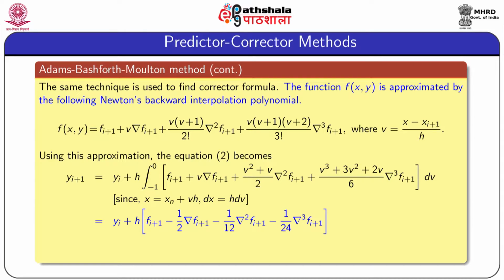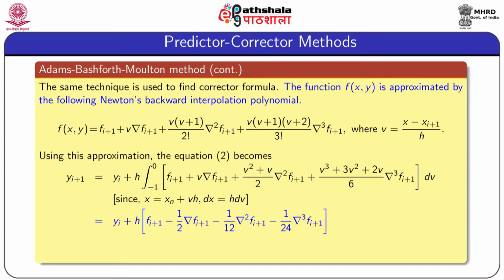After integration, the expression becomes y_i plus h into f_{i+1} minus half nabla f_{i+1} minus 1 by 12 nabla squared f_{i+1} minus 1 by 24 nabla cubed f_{i+1}.